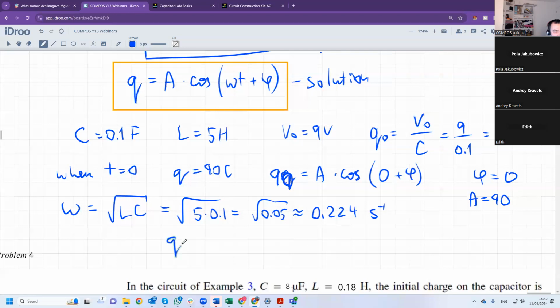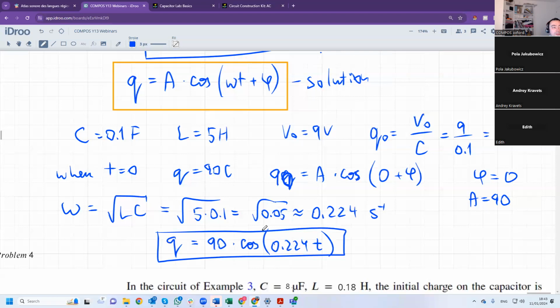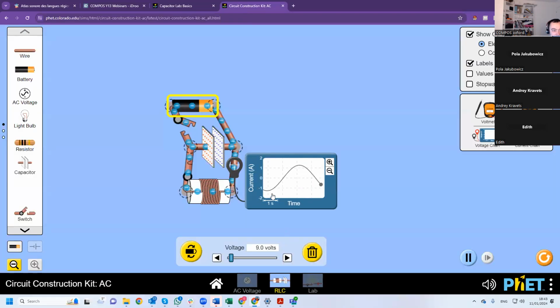Okay, so now we can write down the equation. Q is equal to 90 multiplied by cos(0.224 t plus phi 0).